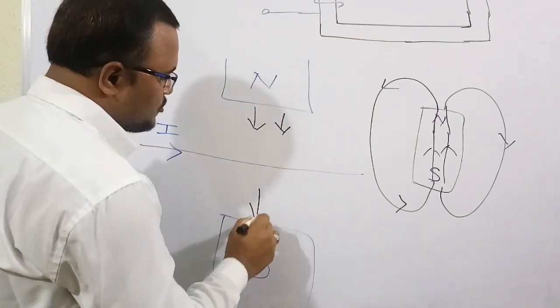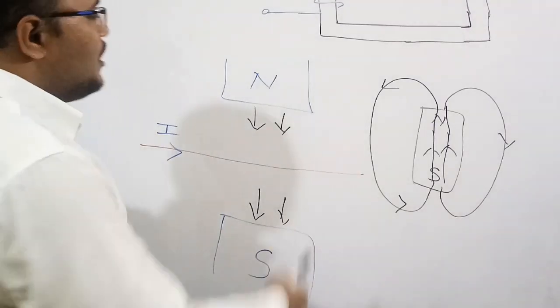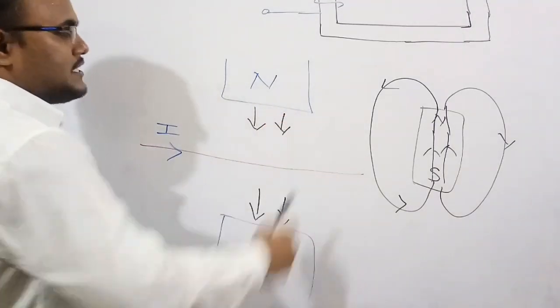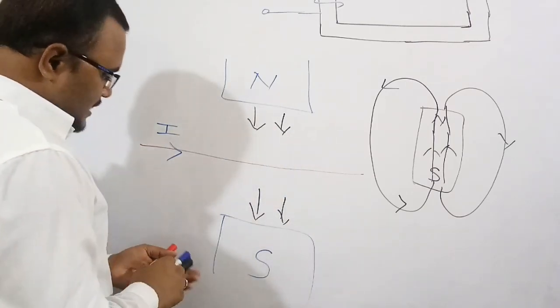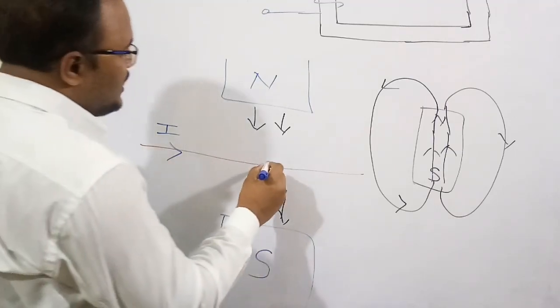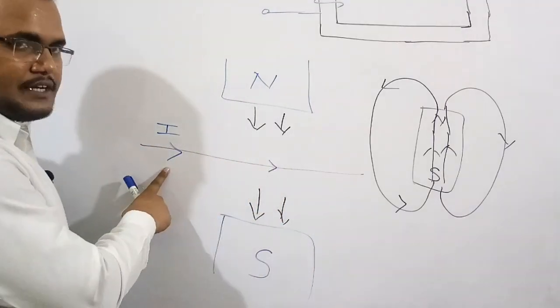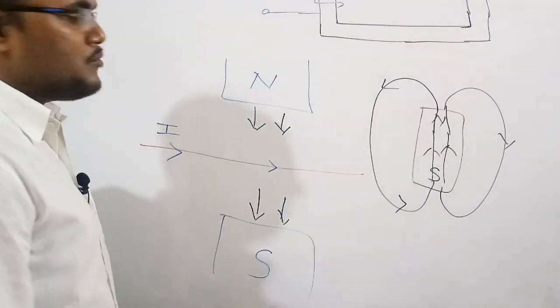I am giving it arrows. These black arrows indicate the direction of the magnetic field from north pole to south pole, which is outside the magnet. If you want to know the direction of the magnetic field due to the wire, we can figure it out by using the right hand thumb rule.